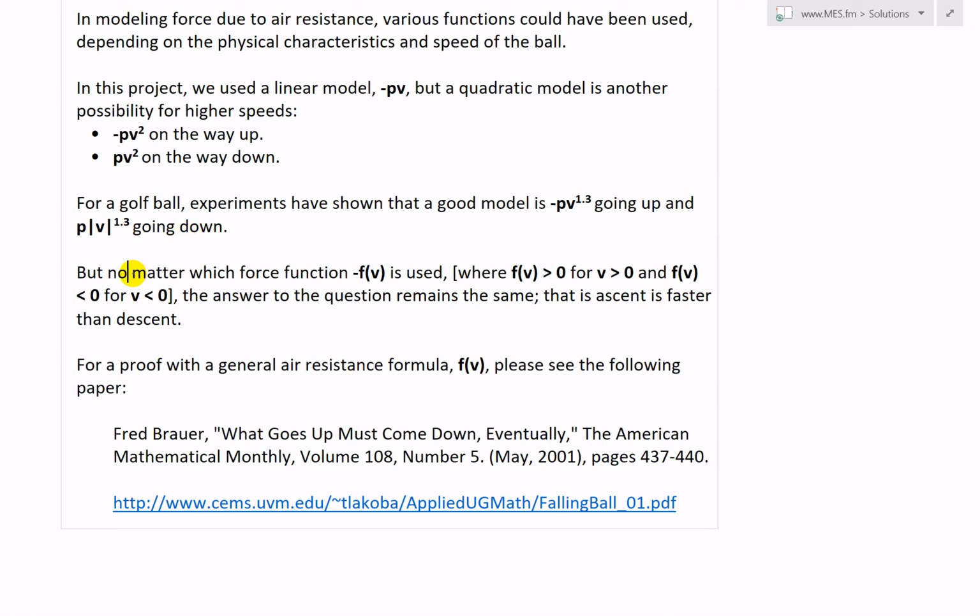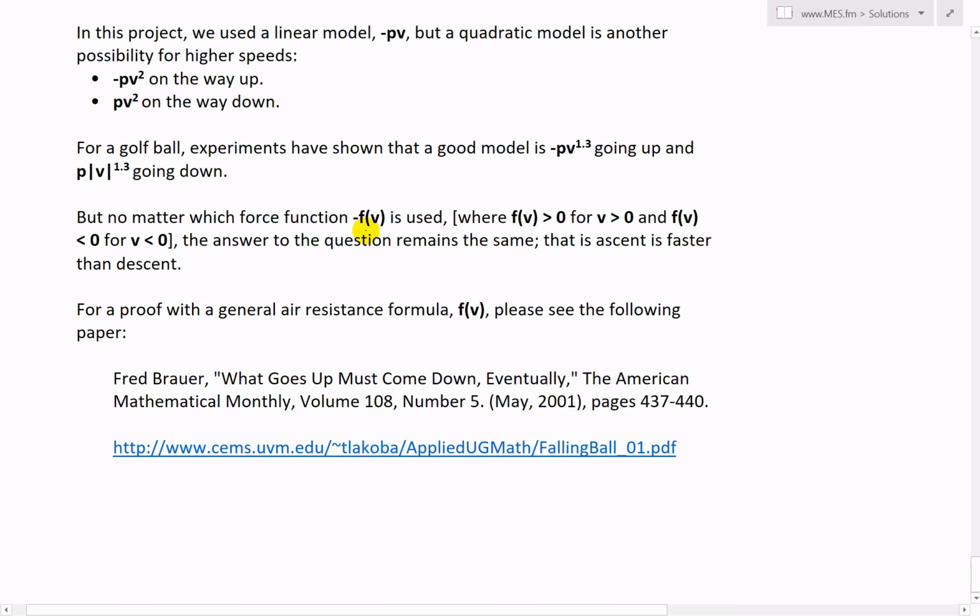But no matter which force function, negative f of v, is used, because again it's opposite to the direction of the ball and always related to the velocity, where the force is greater than 0 for velocity less than 0, and less than 0 for velocity greater than 0, in other words always the opposite direction, the answer to the question remains the same: ascent is faster than descent.